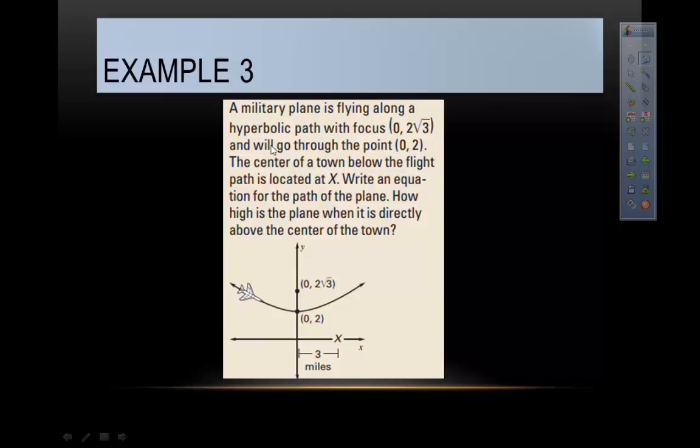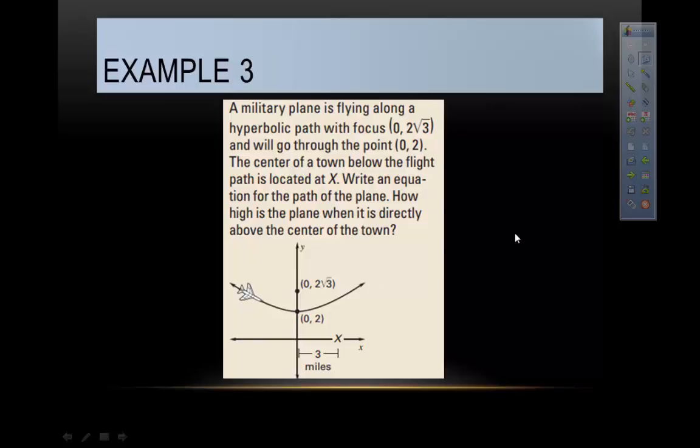Okay, so anyhow, they give us some information. They have some focus points, and they're going to go through this point here, the center of town. Below is the flight path located at X. Write the equation for the path of the plane. How high is the plane when it's directly above the center of the town? This is where the town is.